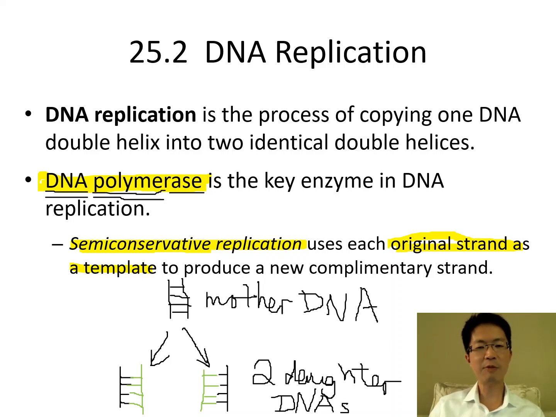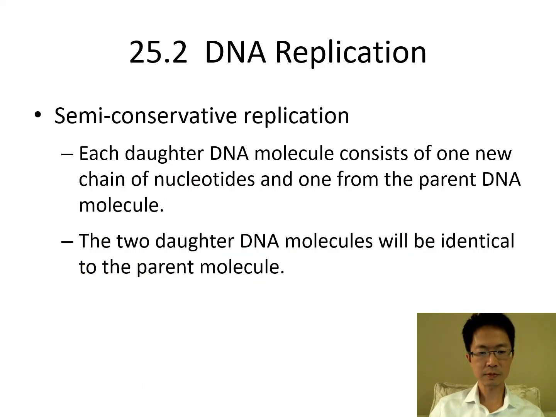That's why we call it semi-conservative, because in the new daughter DNA, one of the strands is from the original. It conserves the original one. So it is one new strand and one parent strand, one old strand.